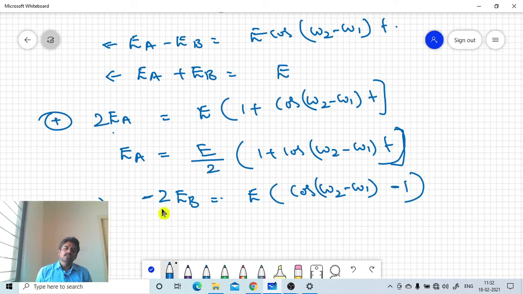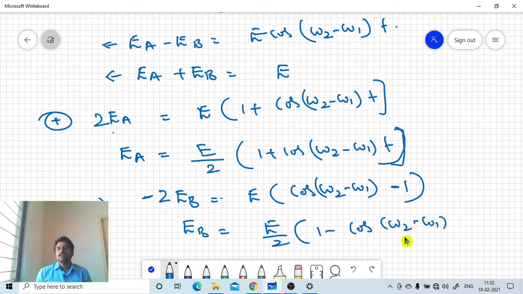Taking the minus on both sides, Eb is equal to E by 2 into 1 minus cos of (omega 2 minus omega 1) t. This value we will get.